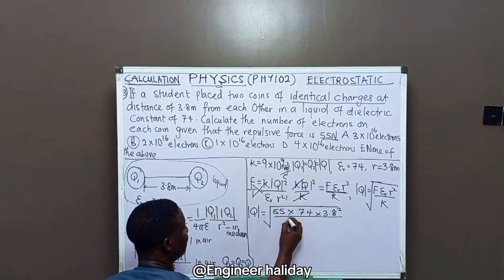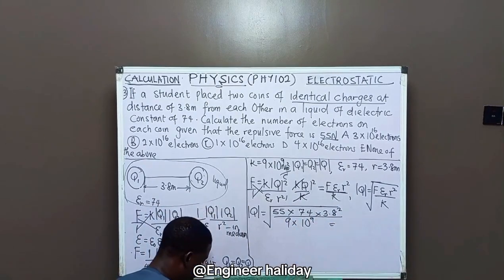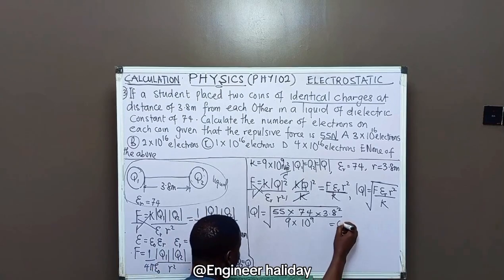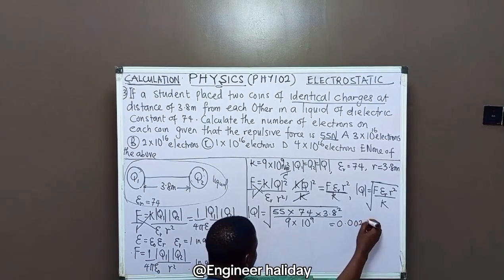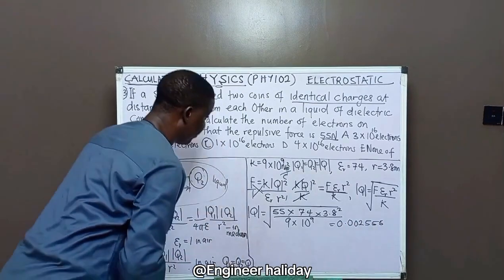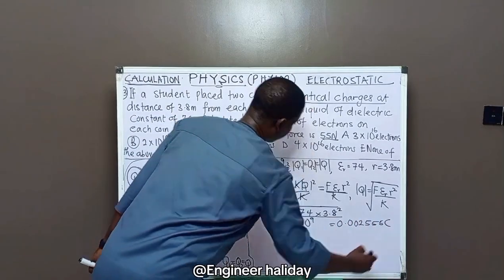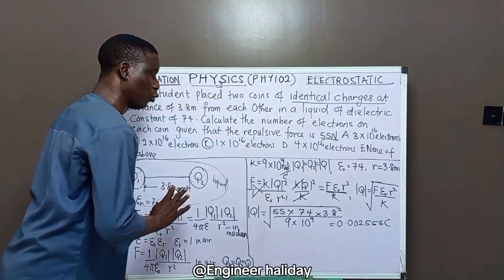Then we have 9 times 10 to the power 9. If you do that, what you are going to have is 0.002555 or thereabouts, 40 something. Now leave it like that first.